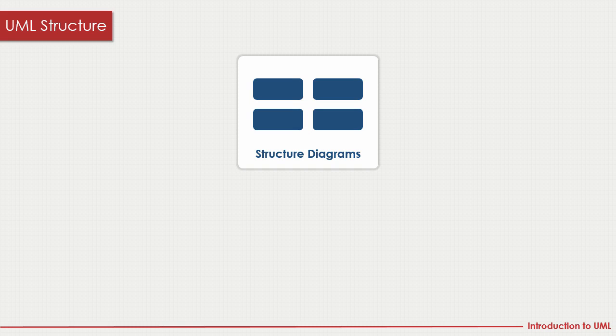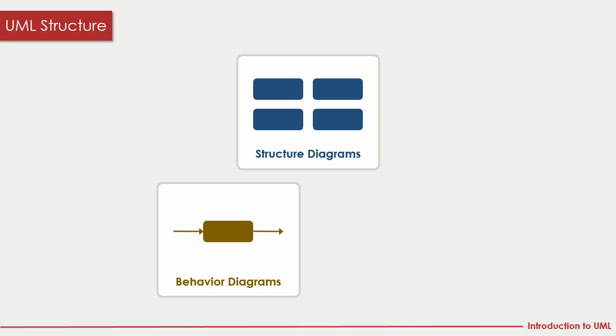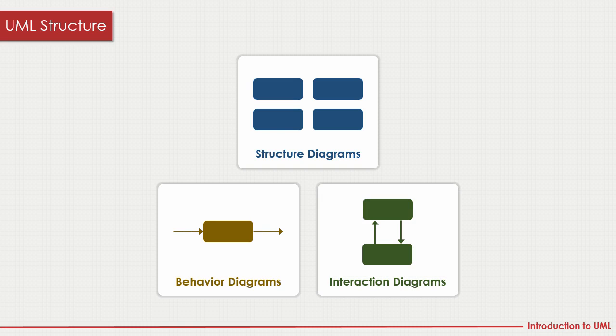Okay, let's take a look at the UML structure. UML itself has around 15-16 diagrams. But basically, you can classify these diagrams into three types: the structure diagrams, the behavior diagrams, and the interaction diagrams, each for a different purpose. It's similar to civil engineering.